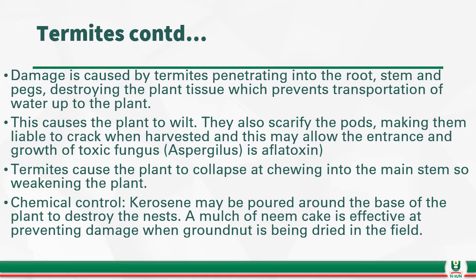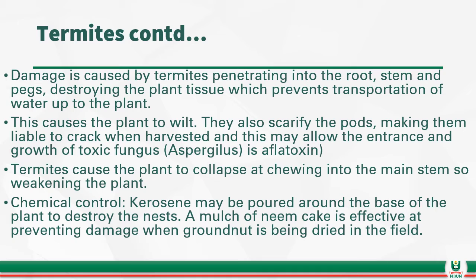So what they do is damage the pods and make them break when they are being harvested, and the gate is open for fungus to come in. These termites cause plants to collapse, like I said: when they chew the root, the heart of the plant gets weak and collapses.